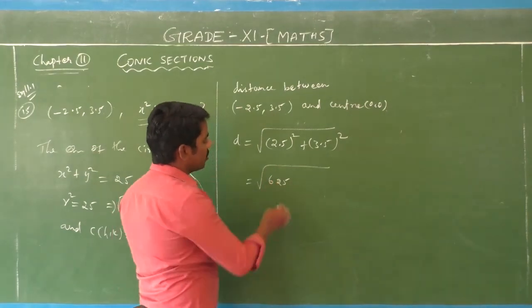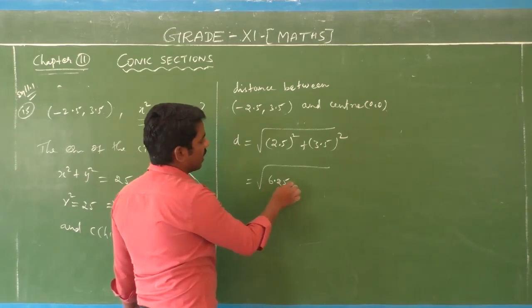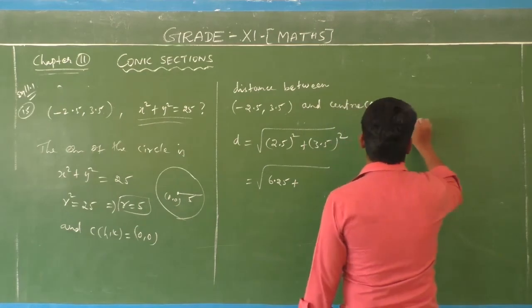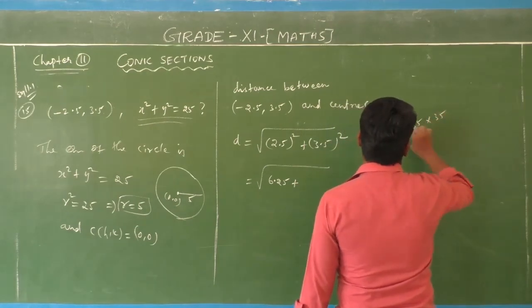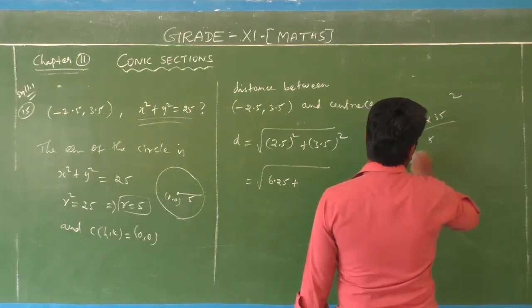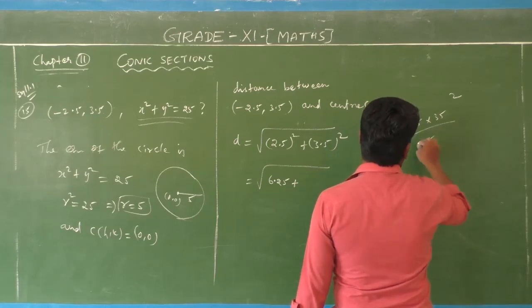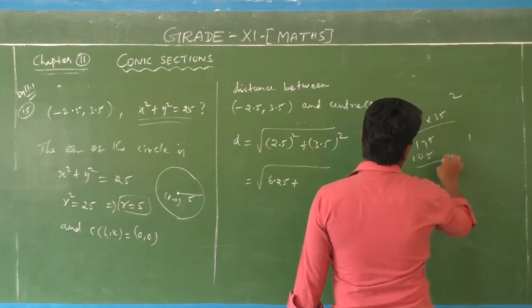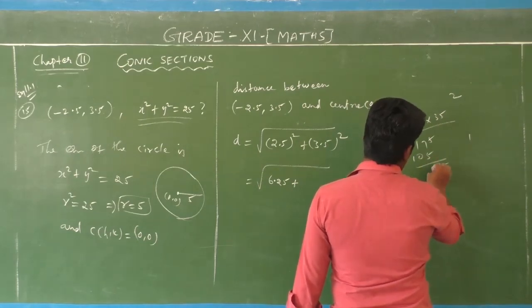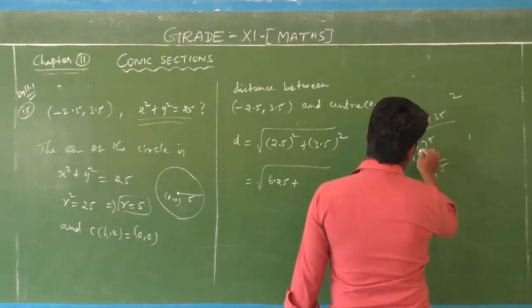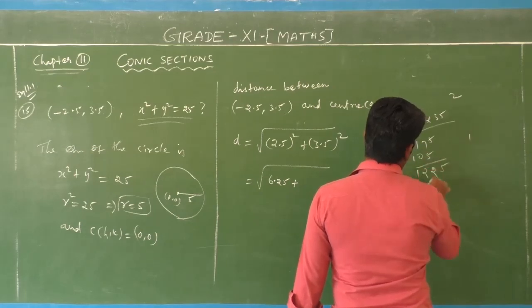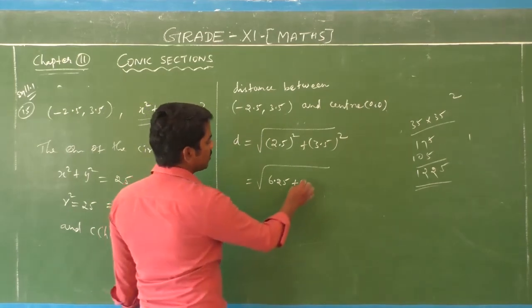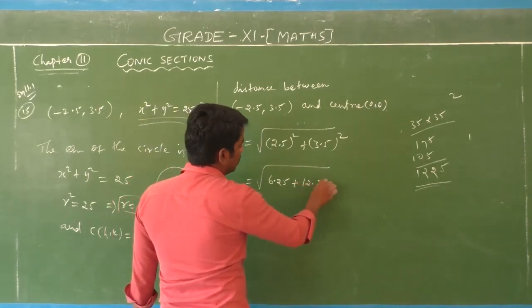2.5 whole square is 6.25, plus 3.5 whole square, 3.5 into 3.5 is 12.25.